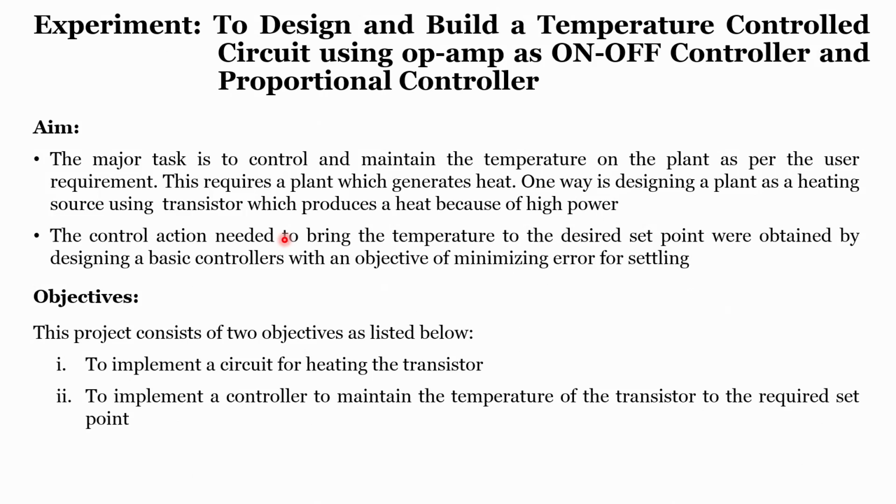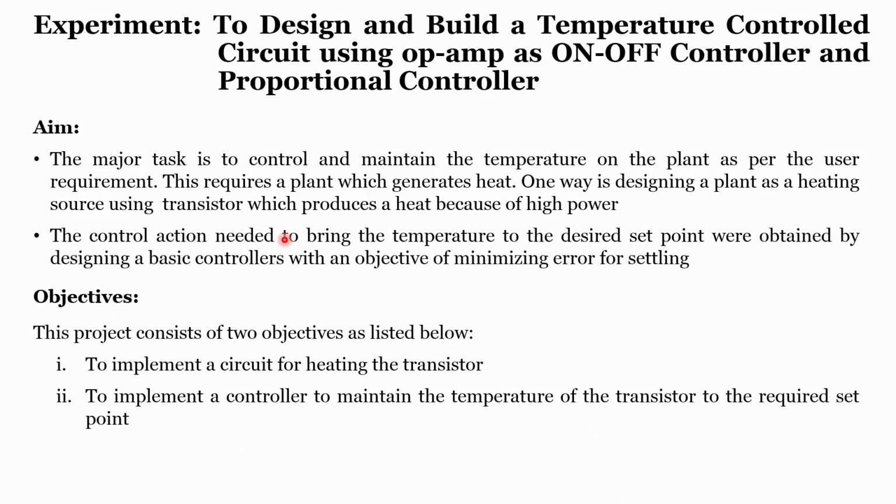We also need to know the maximum current, voltage or power that the system can withstand without damaging it. Once we know all these parameters, we can design our feedback controller for maintaining or controlling the temperature of a plant.